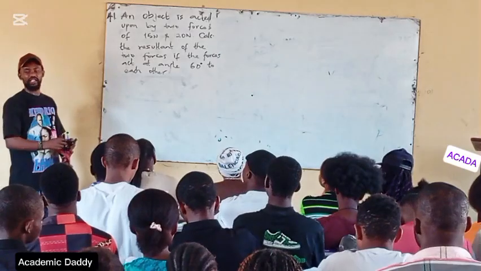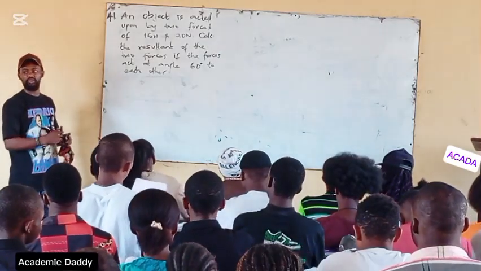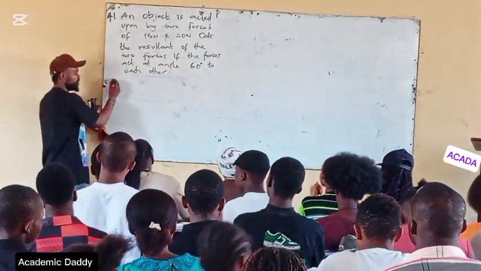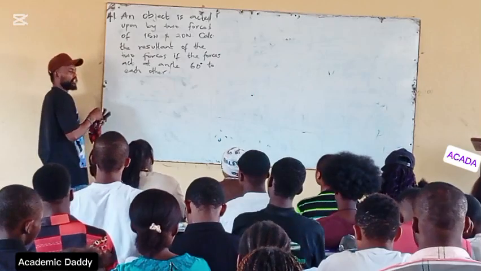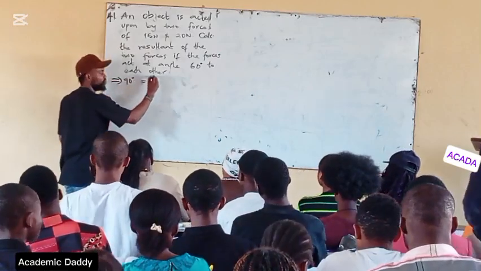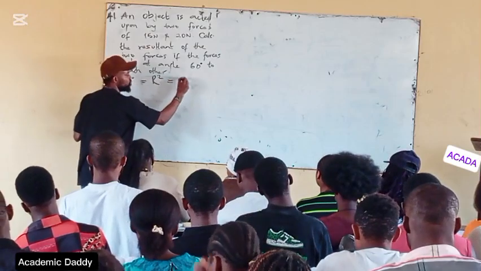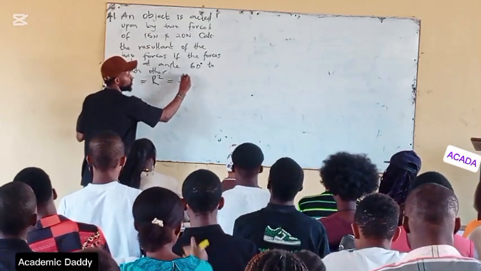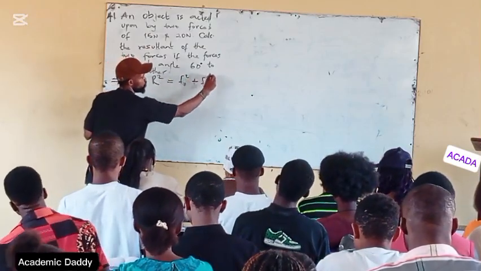So whenever it's less than 90, I told you that there is a formula to use. If it is equal to 90 degrees, I'll simply use Pythagoras, which is R squared equals F1 squared plus F2 squared.